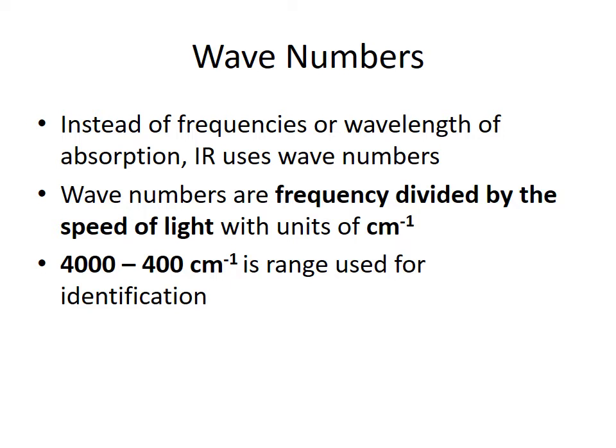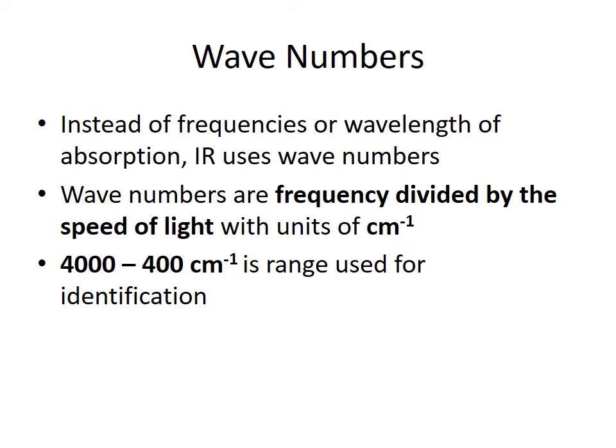We do not use frequency or wavelength when describing infrared spectra. We use instead wave numbers. Wave numbers are the frequency divided by the speed of light. So if we look back at that equation where frequency equals c over lambda, a wave number is 1 over the wavelength.